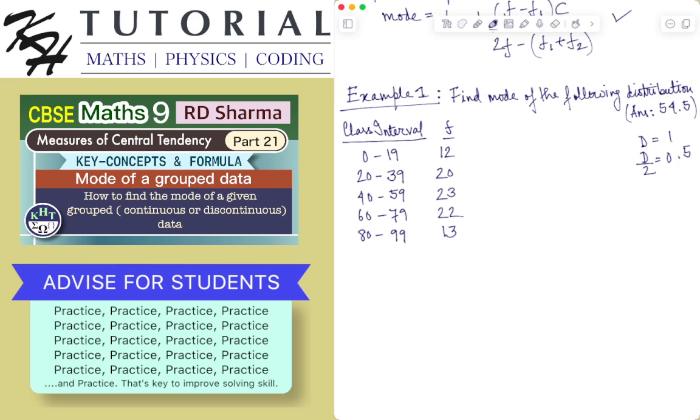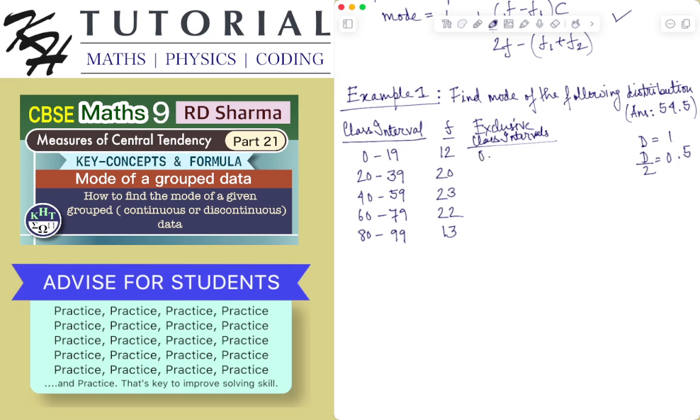So the exclusive class intervals will be as follows. We subtract 0.5 from all the lower limits and we add 0.5 to all the upper limits.